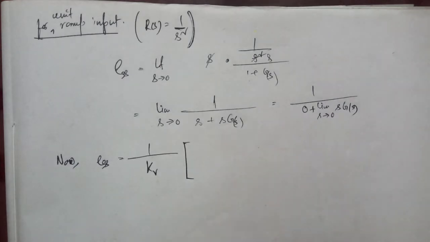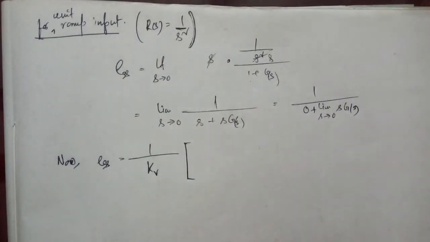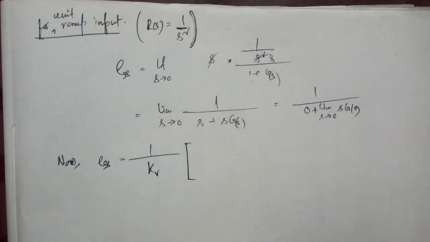So directly you can solve the formula taking limit s tends to 0 s G(s), or previously limit s tends to 0 G(s), that was Kp, the position error coefficient. Now limit s tends to 0 s G(s), that is Kv, the velocity error coefficient.